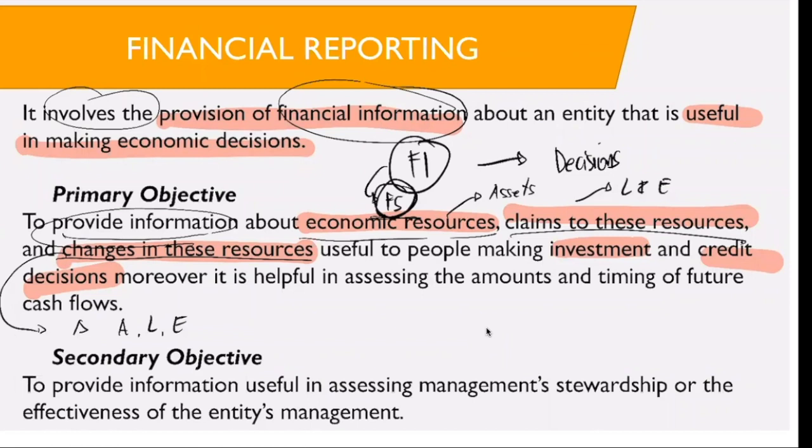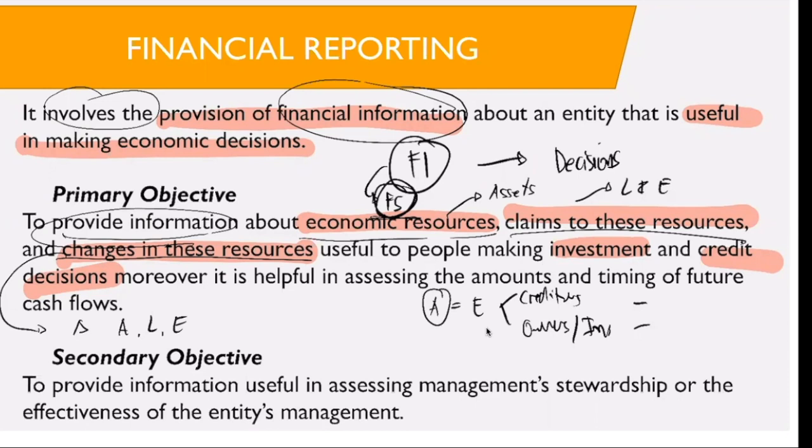I know by now you already learned your basic accounting equation: asset is equal to equity. So asset is the equity of your creditors and the equity of your owners or investors. This particular asset or economic resources came from your equity, that is your claims to these resources. So creditors and owners or investors.